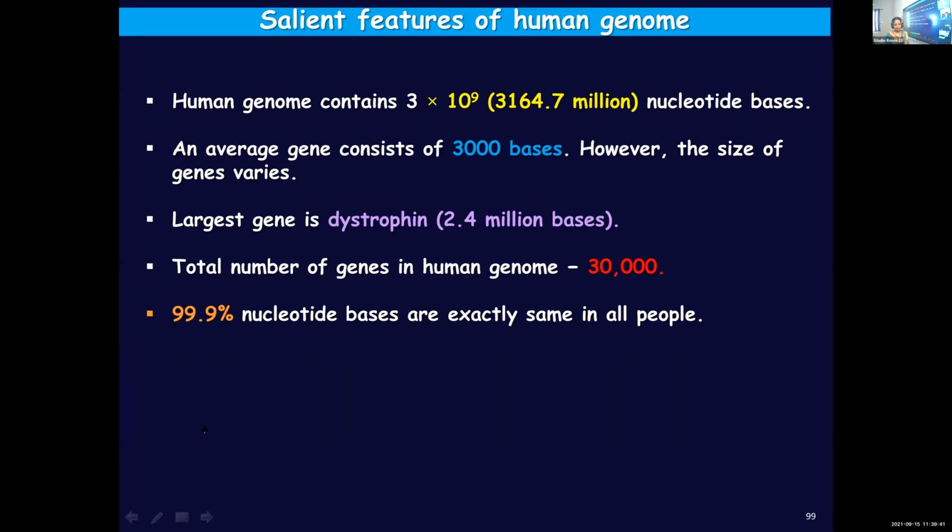99.9% of the nucleotide bases in human beings are the same. Only 0.1%, that makes all the difference. 99.9% of the DNA is the same in all individuals because our basic functions are the same.